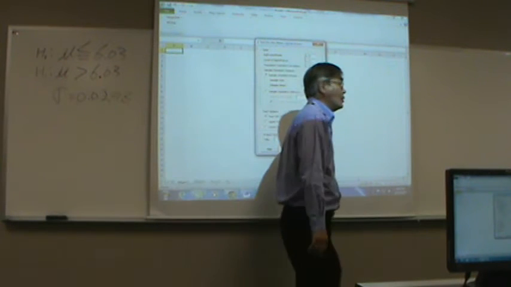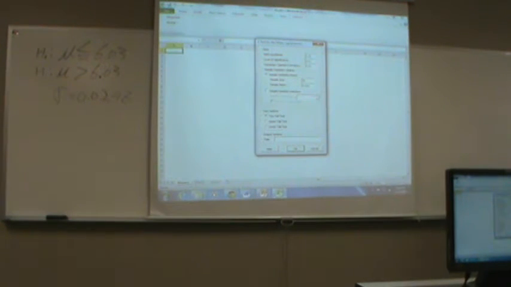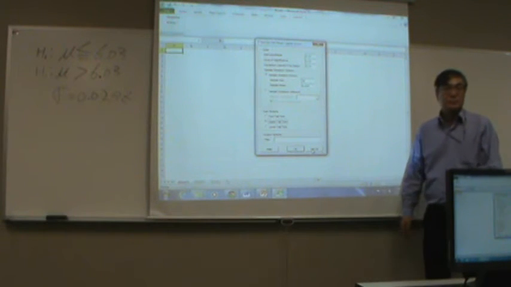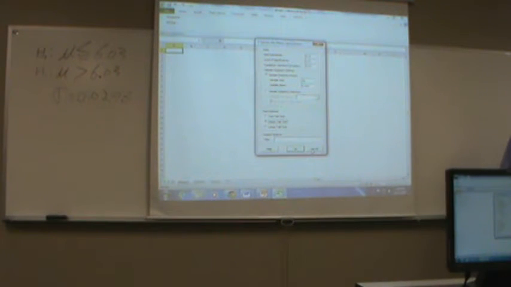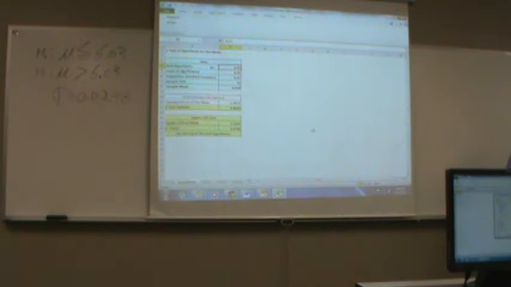So click upper tail. Then click OK. Let's make this one bigger.